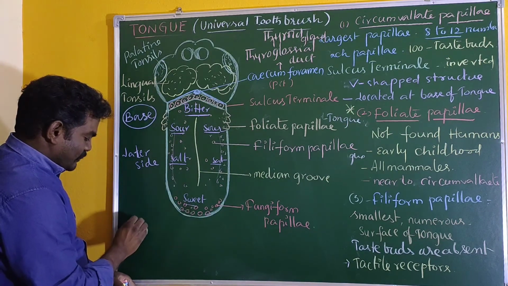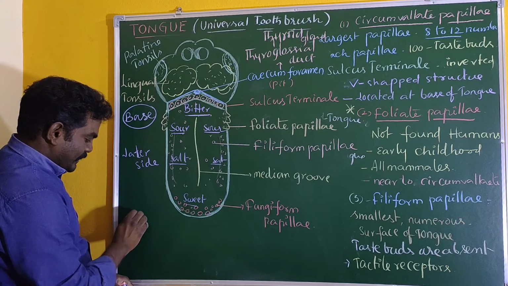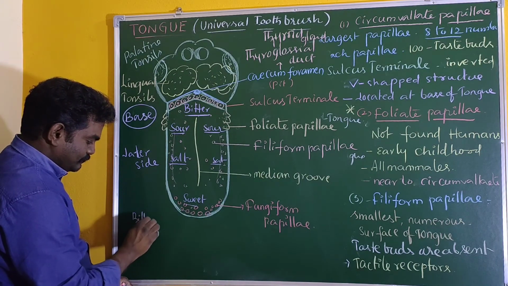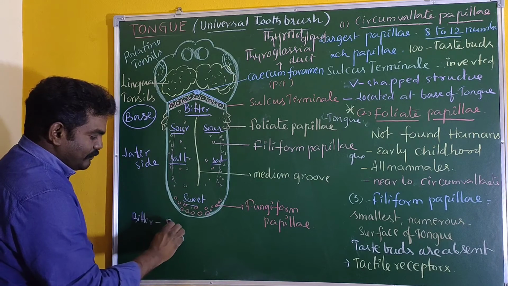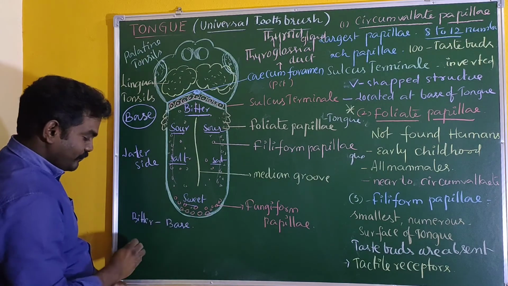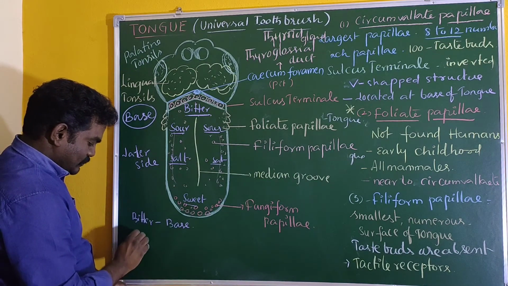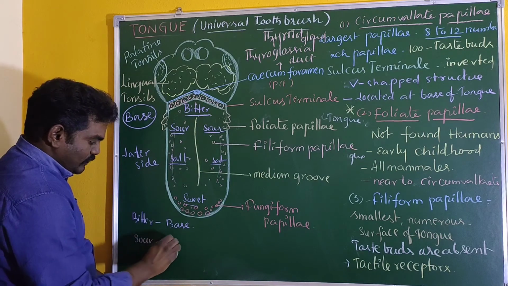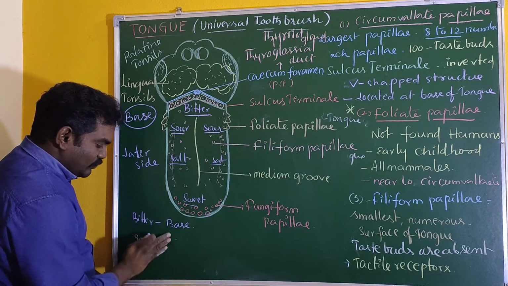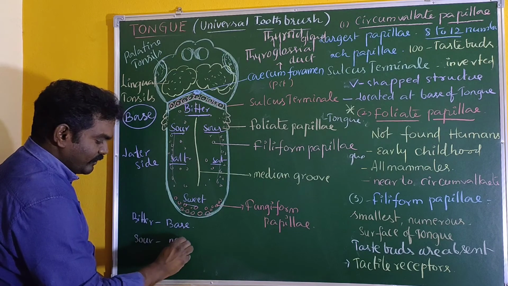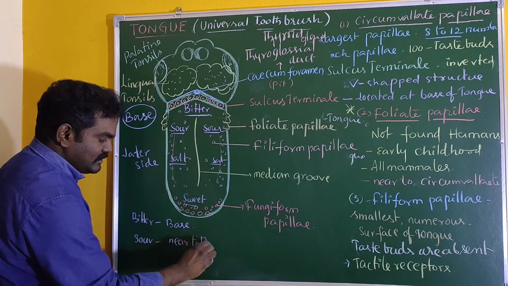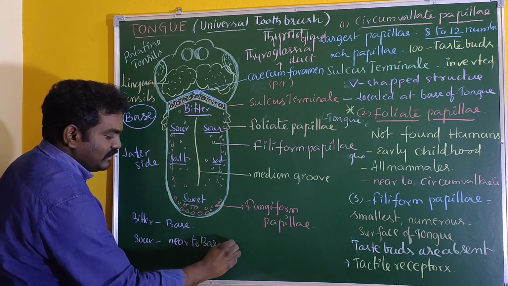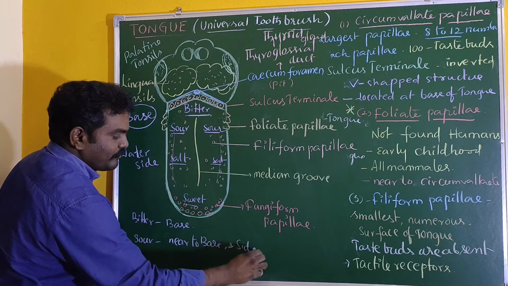I will just write the four tastes here. Bitter is at the base, only the base. Next, sour, near the base and sides of the tongue.